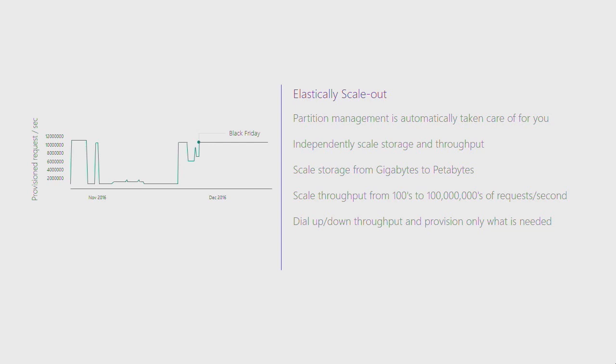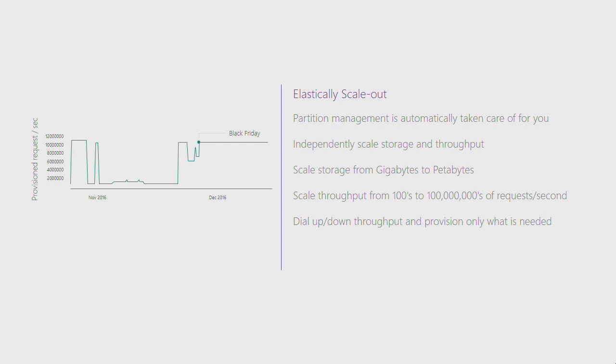Because this is a fully scale-out system and partition management is automatically taken care of for you, you can conveniently just dial a knob, and whether you need hundreds of requests per second today or hundreds of millions of requests per second tomorrow, it's just a one button click away, and we'll take care of all the work behind the scenes to make sure that we scale out enough hardware underneath.